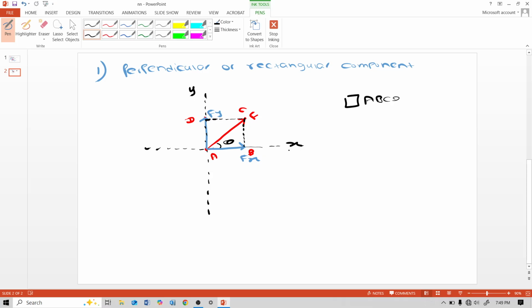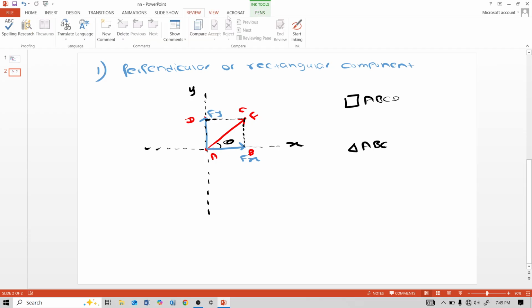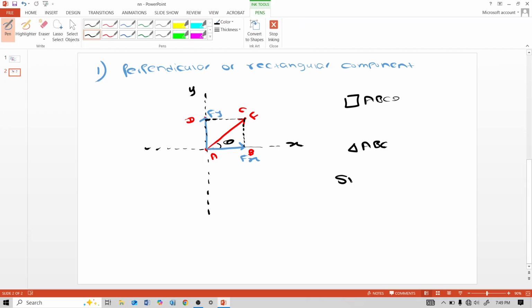And see, we will apply general geometry. You all know that we consider triangle ABC. See my cursor, ABC. Here you know that sin theta is equal to opposite side upon hypotenuse. So here the opposite side is BC and the hypotenuse is AC.